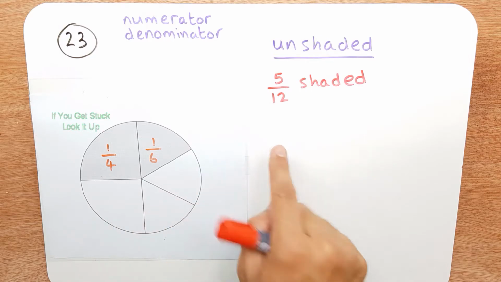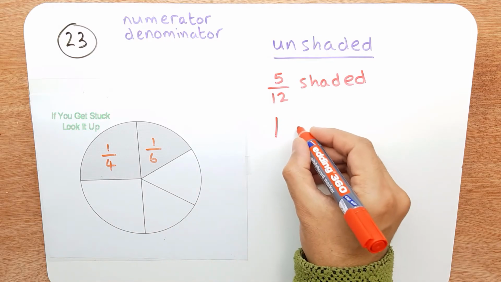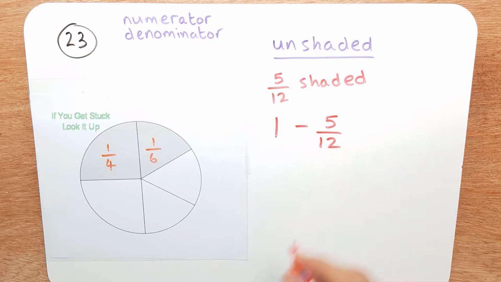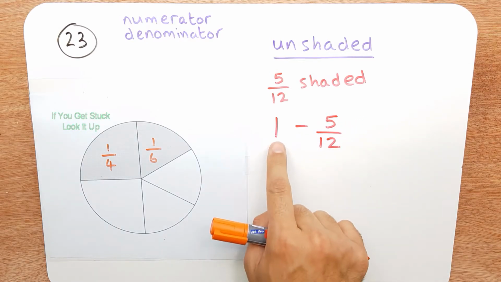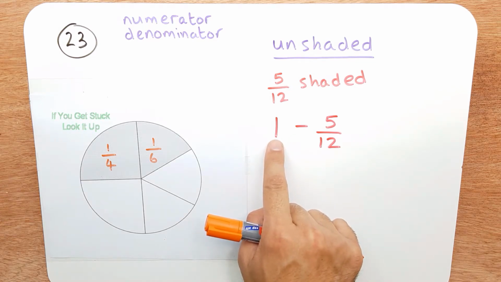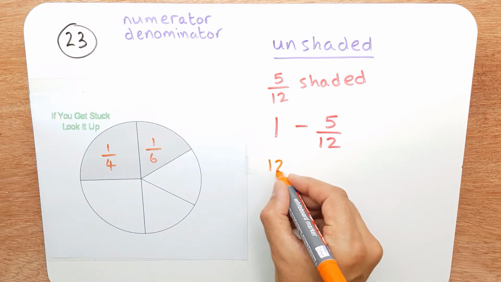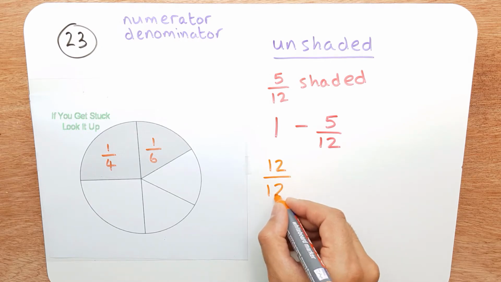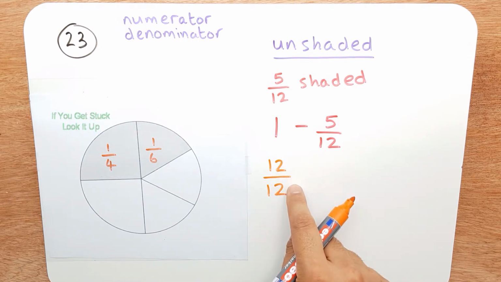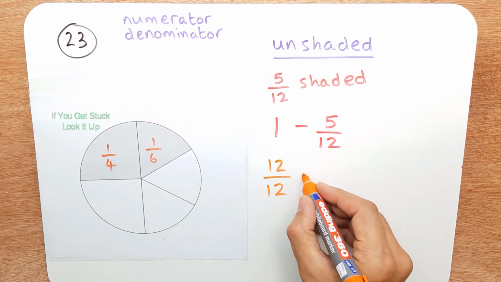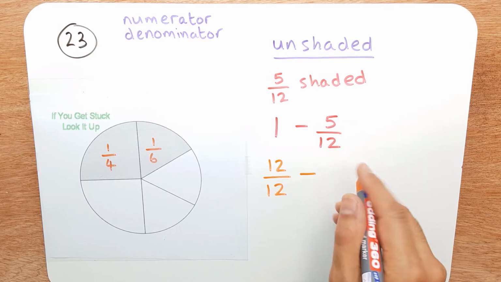So I do 1 take away 5/12. And one trick you should know, to turn one whole into 12ths, it's 12 divided by 12. So 12/12 is the same as 1. Take away 5/12.